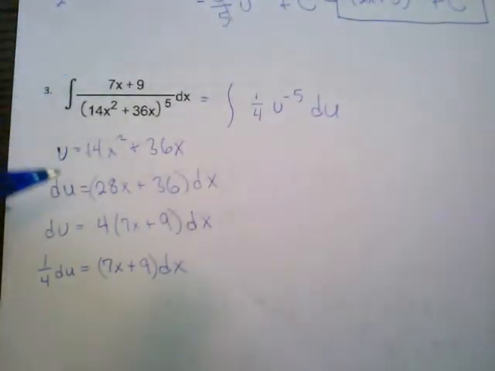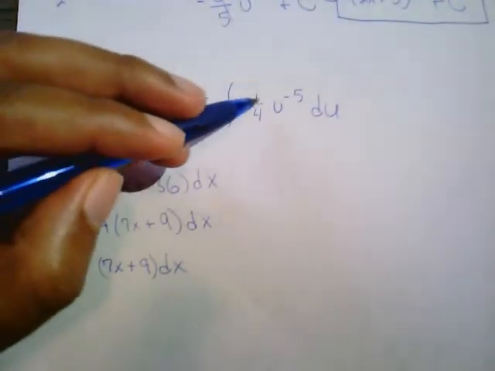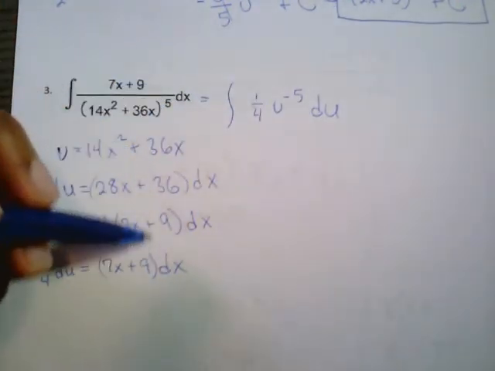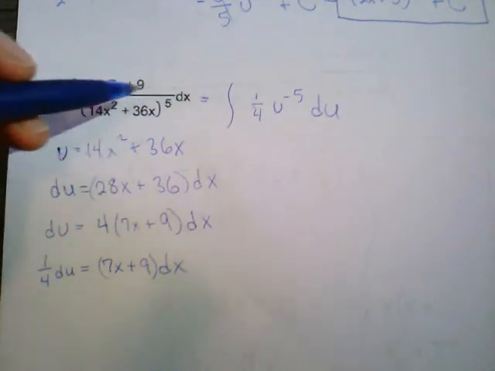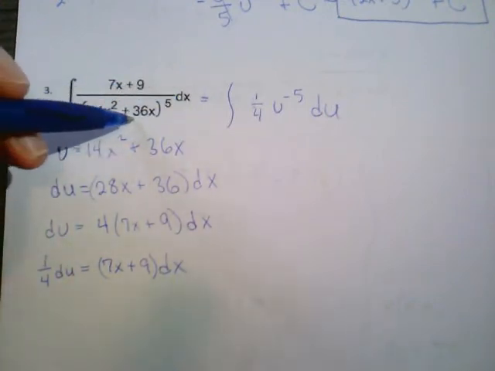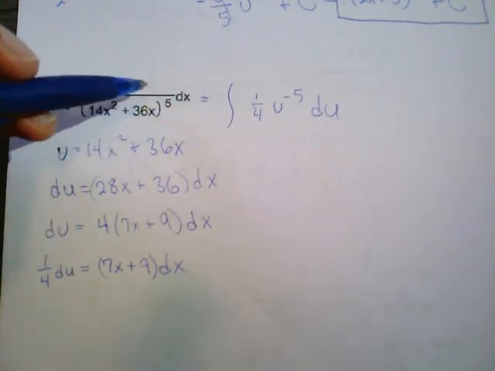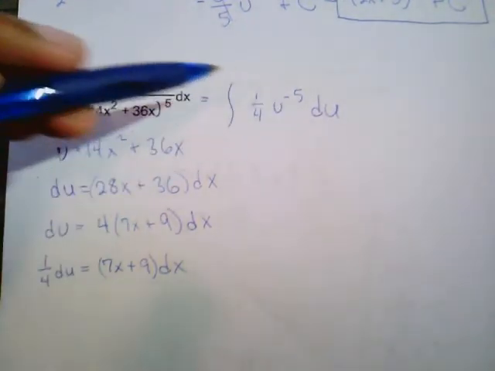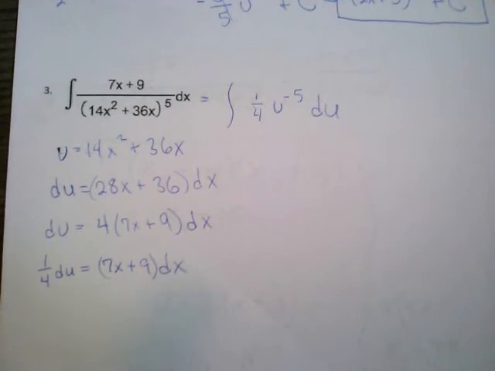So again, the 1/4 du took the place of 7x plus 9 dx. So that was this part. And then we let u equal this expression in parentheses, and it was raised to the 5th power in the denominator, so we made it u raised to the negative 5th power here.